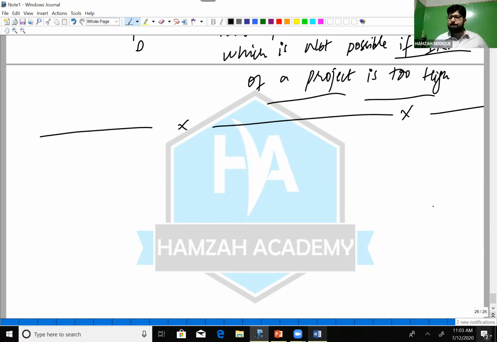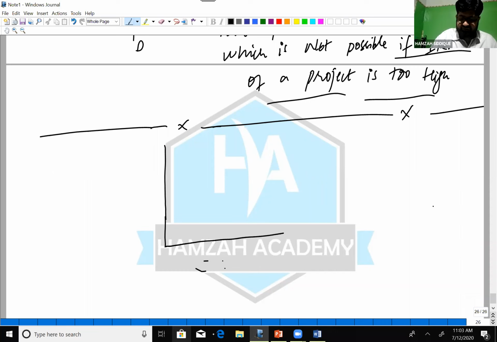Let us proceed further. Students, we should have knowledge and concept of IRR, how it is being calculated. You see, this is the graph. Here is discount rate, cost of capital, rate R, and here is NPV.